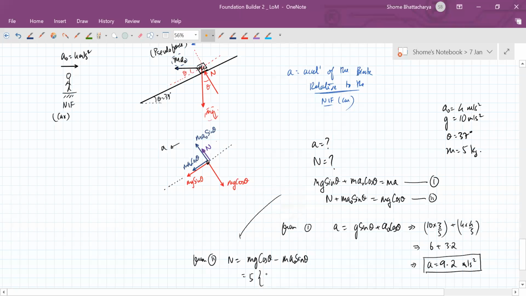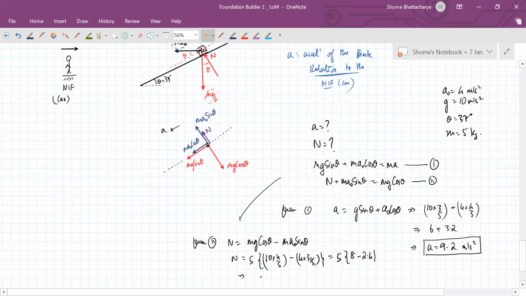So the mass was 5 kg. So this should be the normal reaction.